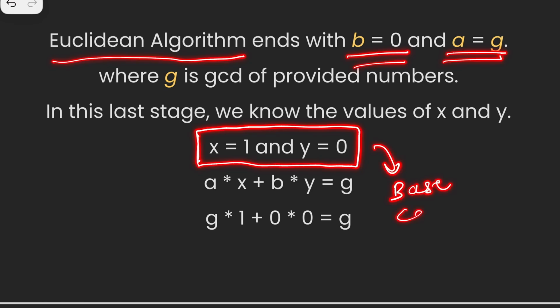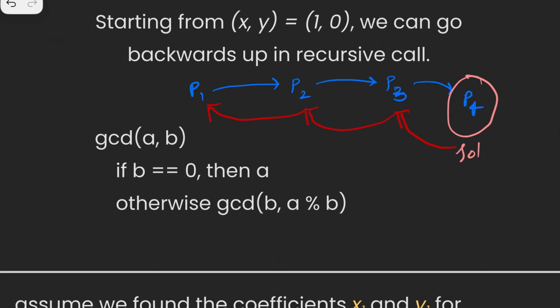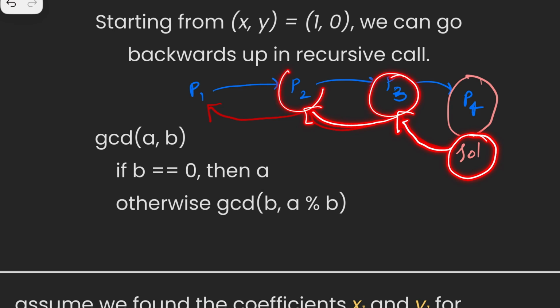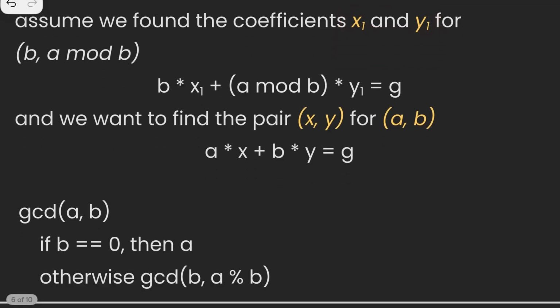Once you know the base case, now you just have to write a formula so that you can utilize that particular solution in a backward recursive call to compute the solution for all the problems P3, P2 and P1. So we assume that we have found the solution for a recursive call. See, this is the recursive call here.